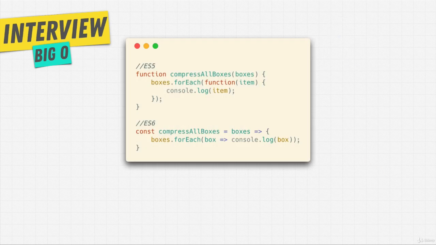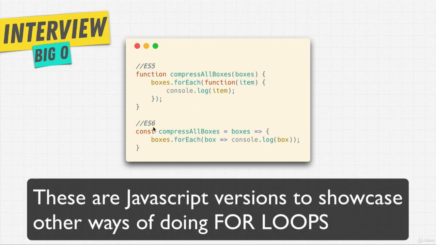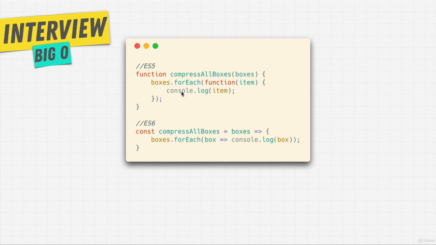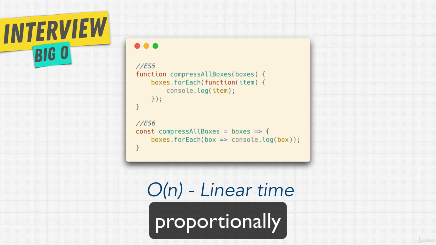If we look at the function for compress boxes, we're using the ES5 and ES6 syntax here, but we're essentially looping through each box. And in our case, we're just console logging it. But you can see here that as the input increases, the number of boxes increases, the number of operations increase. And that is O(n), linear time.